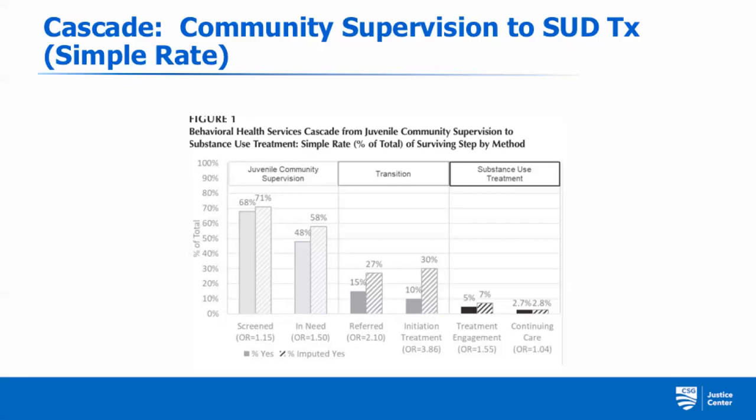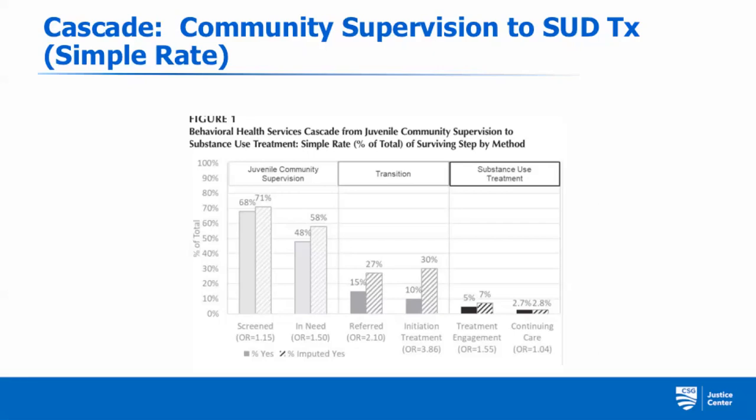Okay, so the next piece is transition. So in the juvenile justice agencies where we conducted this study, most of them had a behavioral health partner, and very few actually provided services on site. They usually did some sort of referral.